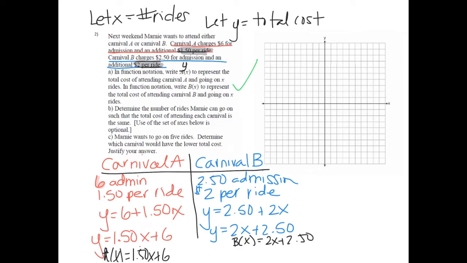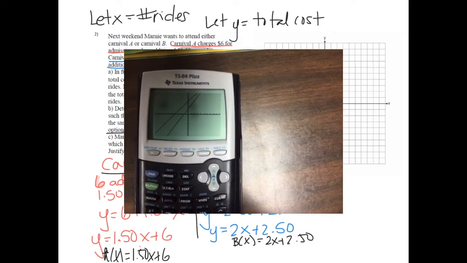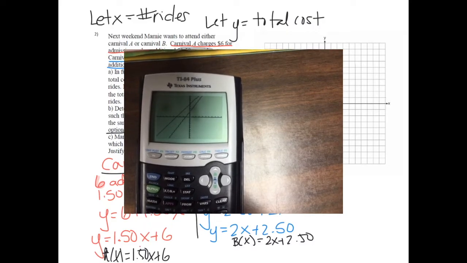All right, determine the number of rides Marnie can go on such that the total cost of attending each carnival is the same. Now, it says the use of the set of axes below is optional, which means you don't have to use it. So let's go to the calculator. And if I just hit graph, I can't really see anything, so I'm going to zoom fit.